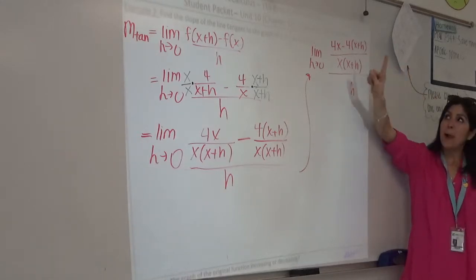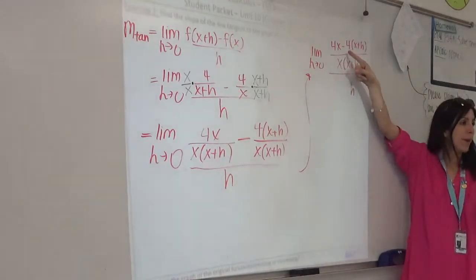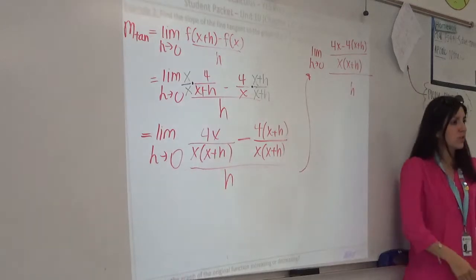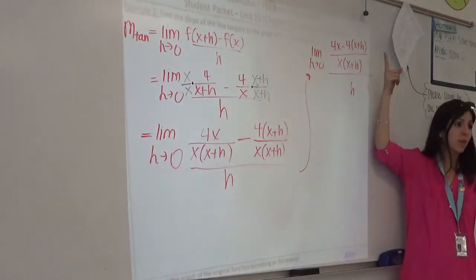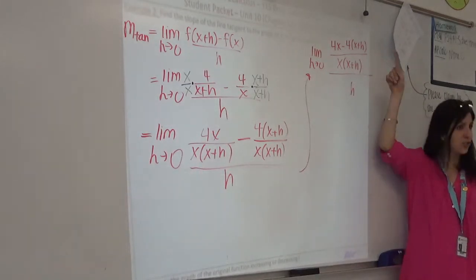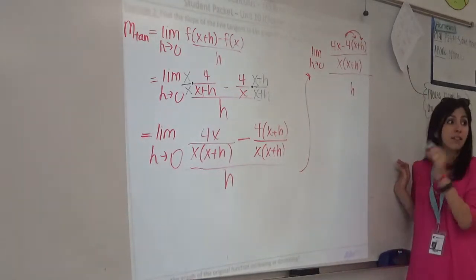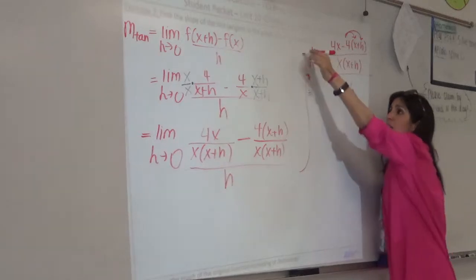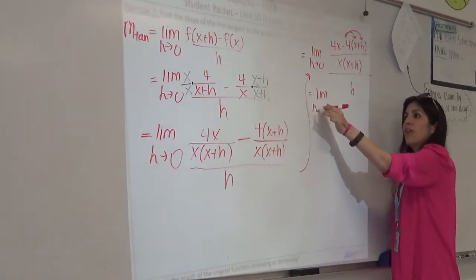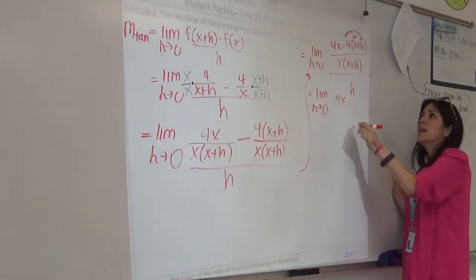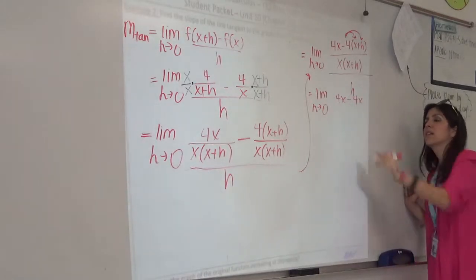Okay, so let me try again. 4x, I wish that were minus 4x so that I could get rid of them. What algebraic manipulation can I do then? Distribute. Let's clean this up so that yes, those 4x's can disappear. That would be best case. So I've got the limit as h approaches 0 of 4x minus 4x.